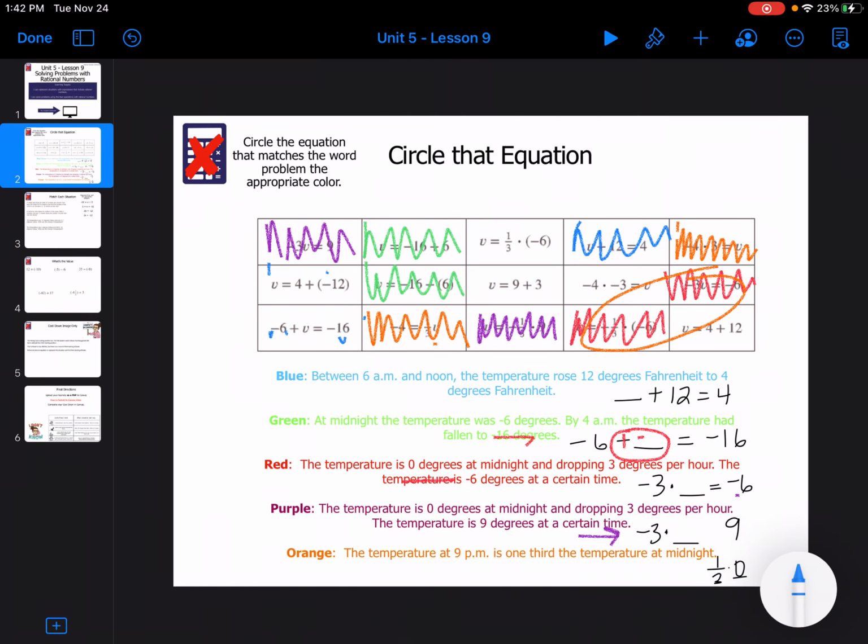Okay, 4 plus a negative 12. That's definitely going to work. I think I accidentally colored this one blue because it's 16. I did. I accidentally colored that one blue. So that's what you should end up with.